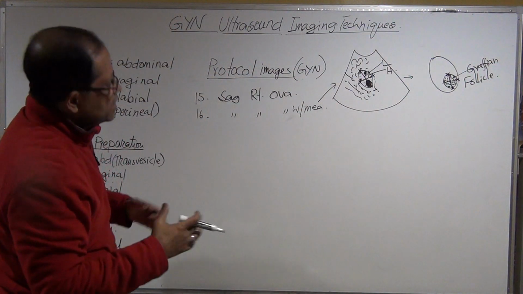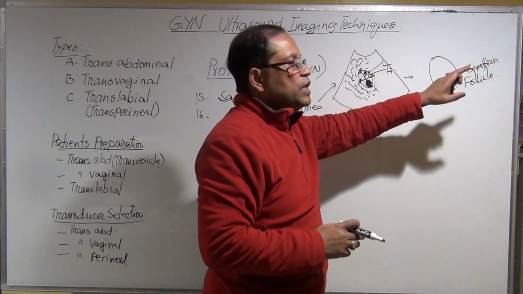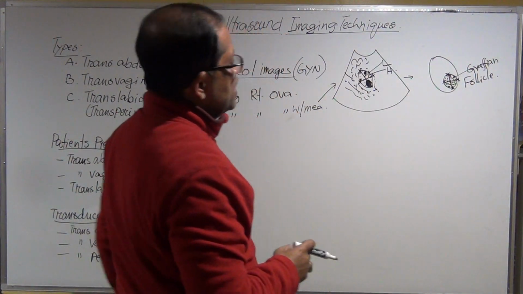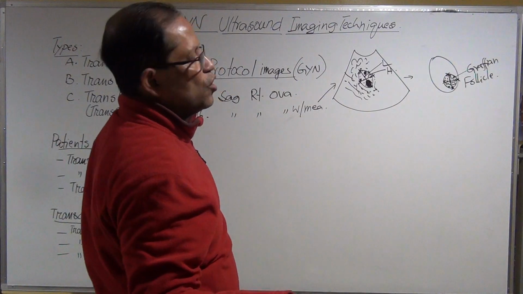You write it down, because you took the history of LMP, so it might be a Graafian follicle approaching ovulation.